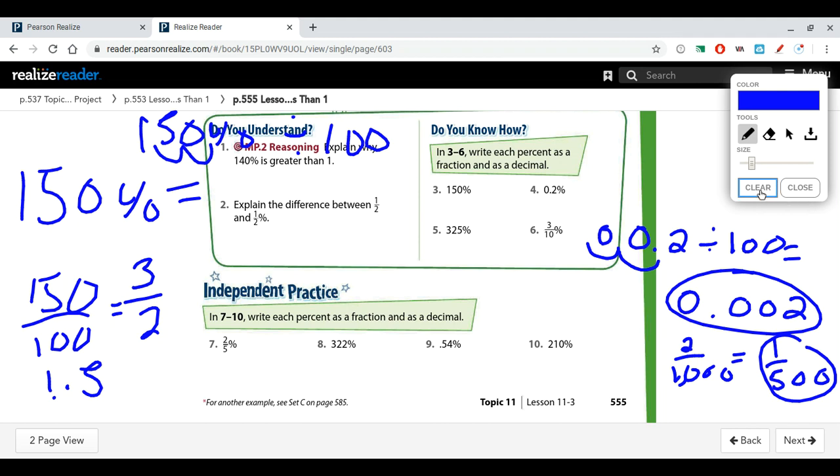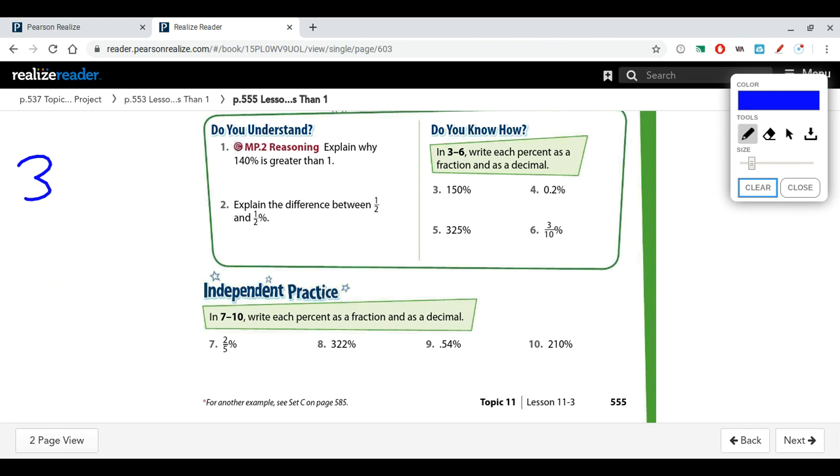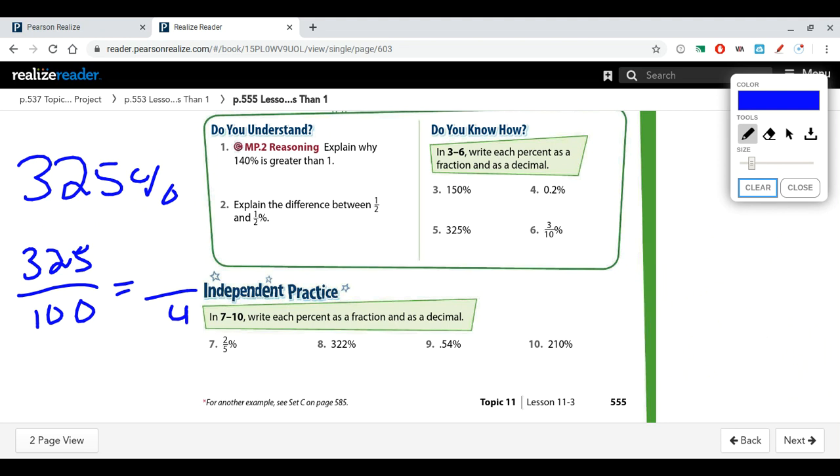325%. So if I look at 325%, that's going to be 325 over 100, which I can then simplify down by dividing by 25. And when I divide by 25, I get 4. 325 divided by 25 is going to be 13. So I have 13/4.